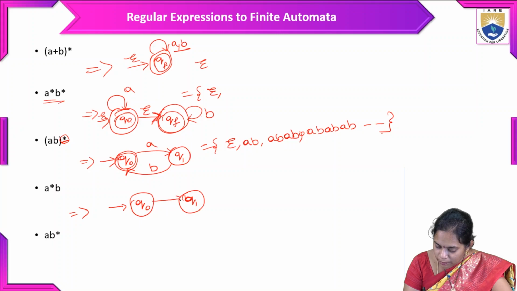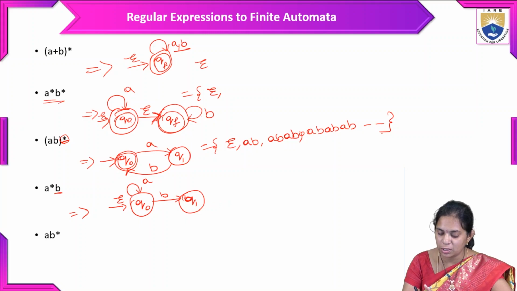When we reach with the A input symbol, epsilon is there as an input symbol, so A star is satisfied here, and it is followed by B. So the next input B should be a must for the final state. That's why I am writing B as an input symbol, and it is reaching the final state Q1. So this is about A*B.